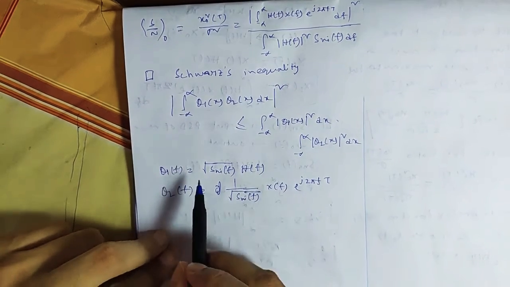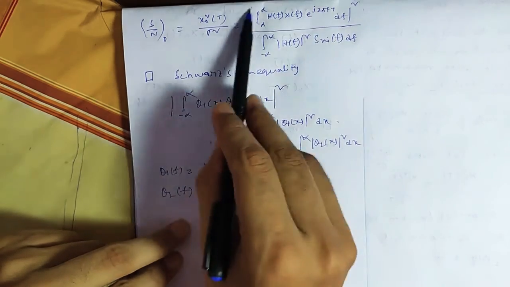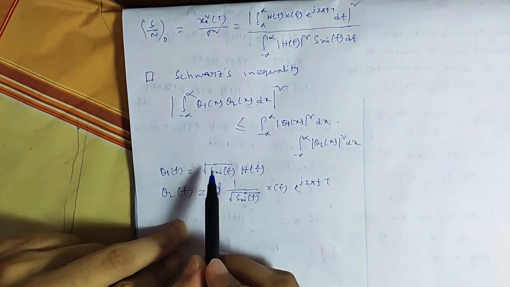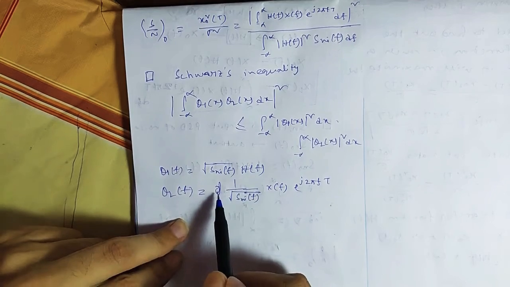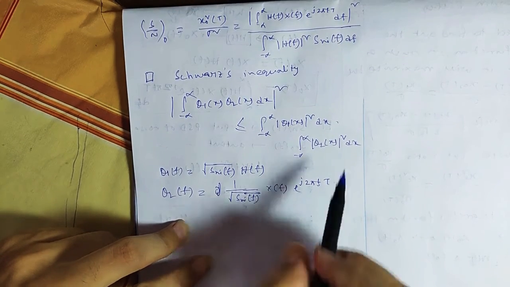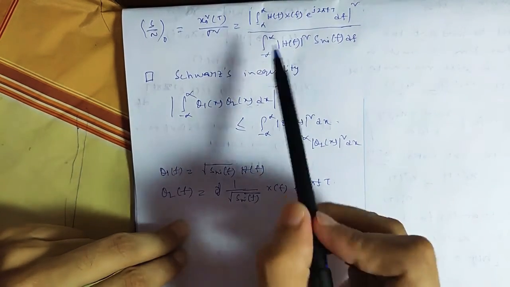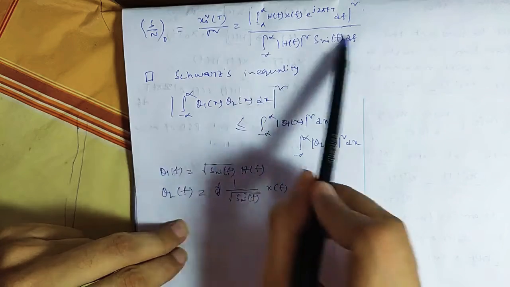So if we multiply theta 1 and theta 2, then we can get this term once again. The root over and 1 by root over will cancel each other, so remaining H(f), X(f) and that part. So it will be similar to this one. Why are we doing this? We are going to eliminate the denominator term.